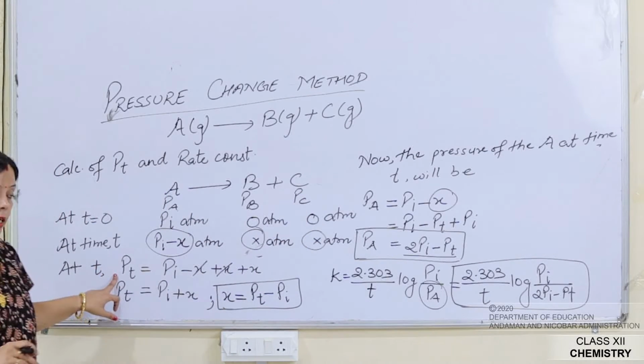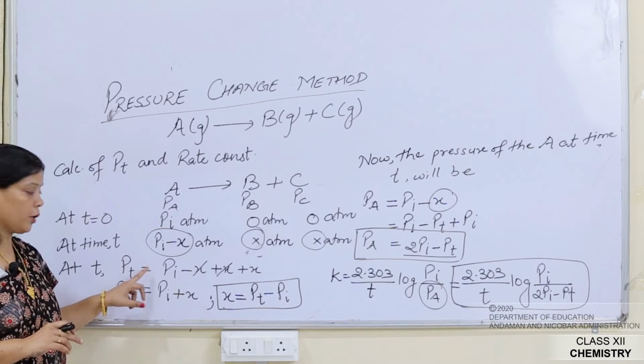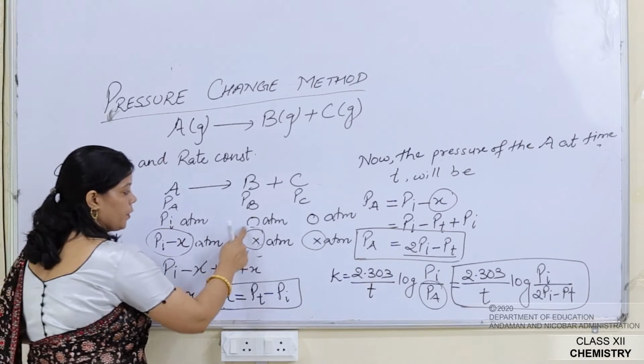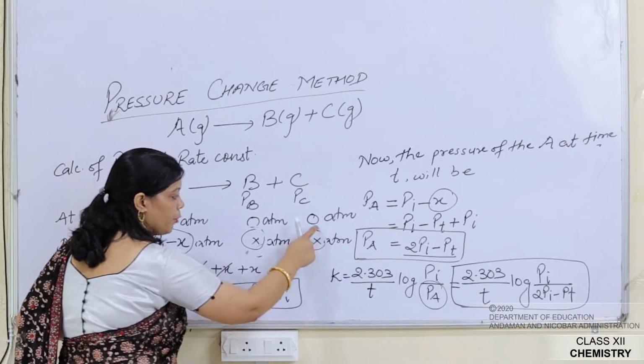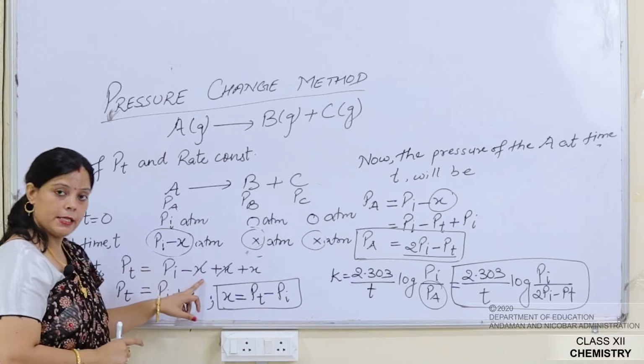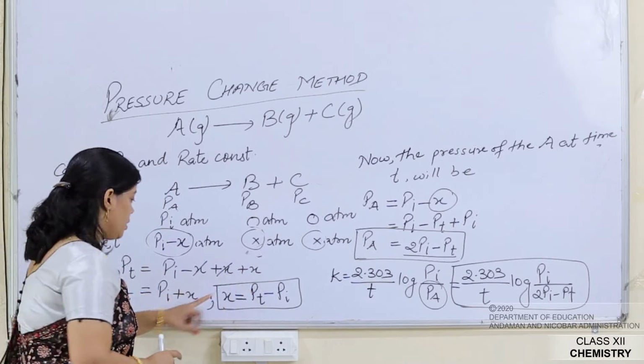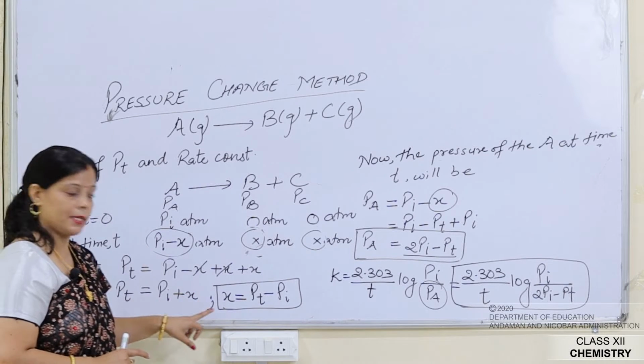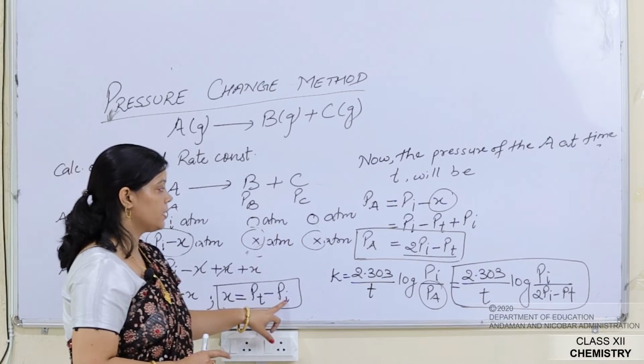So at time T, the total pressure PT is equal to what? That is the pressure of component A plus the pressure of component B plus the pressure of component C, that is Pi minus X plus X plus X. So we get the total pressure PT equal to Pi plus X, and X is equal to PT minus Pi.